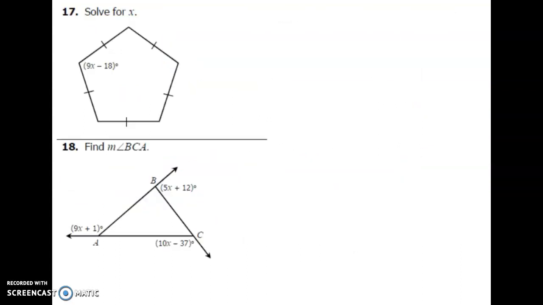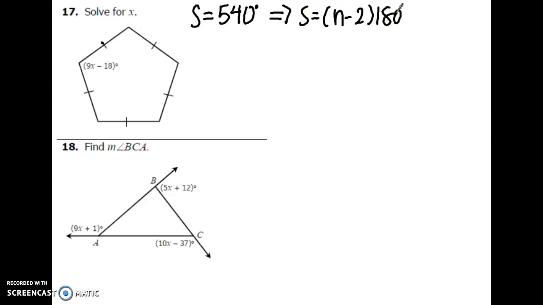For number 17, you are going to follow the same 4 steps that you did for number 16. So again, first step should be finding your S, and this has 1, 2, 3, 4, 5. Some of you already know that if it's a pentagon, it's going to be 540 degrees. But if you don't, that is using our S is equal to n minus 2 times 180 equation.